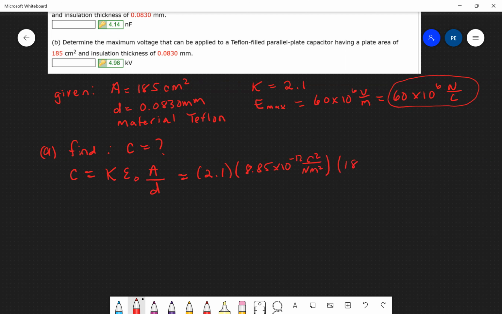So let's say 185 times 10 to the negative 4, converting that to meters squared, divided by the separation between the plates, which is 0.0830 times 10 to the negative 3 meters, just to convert that so we have everything in MKS units: meters, kilograms, and seconds.